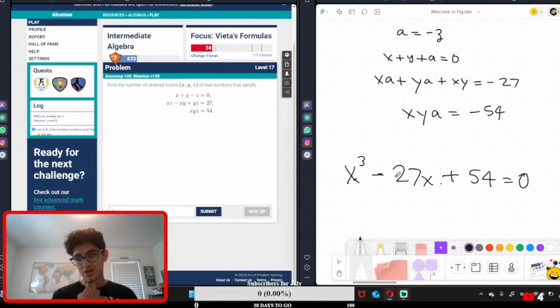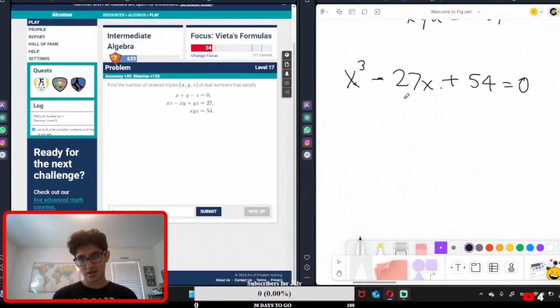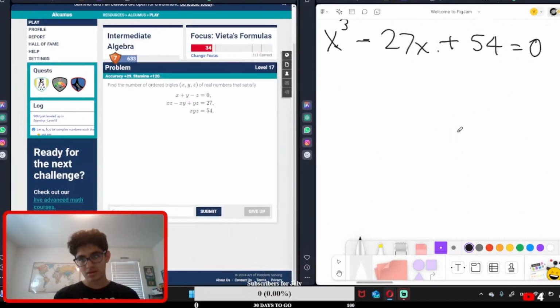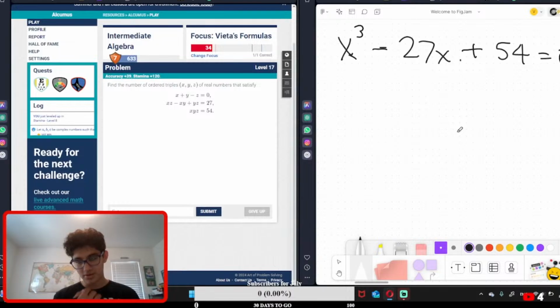Now, actually, let's see, how many roots will this have? Obviously, it'll have three roots, but will any of them be complex? We can kind of graph this. Okay, wait, first of all, there can't be a complex root on its own.